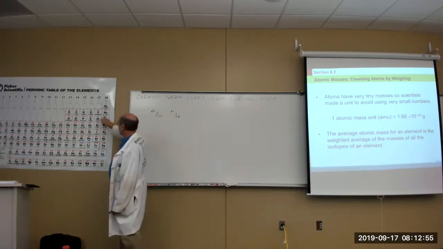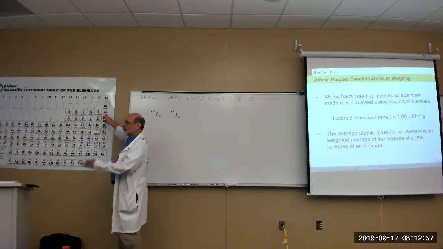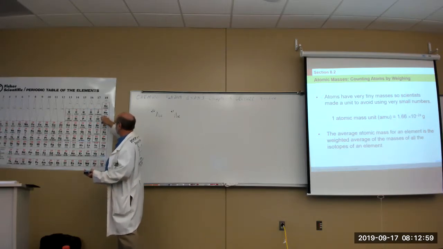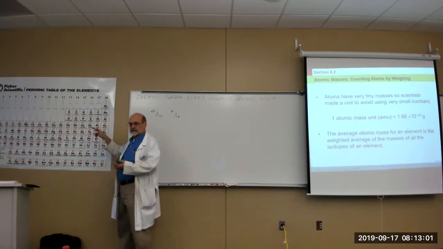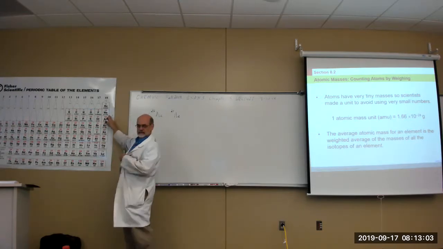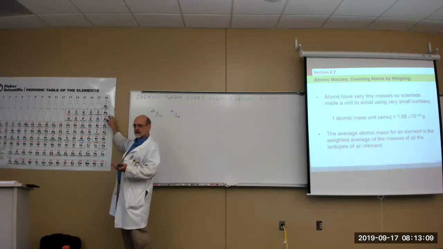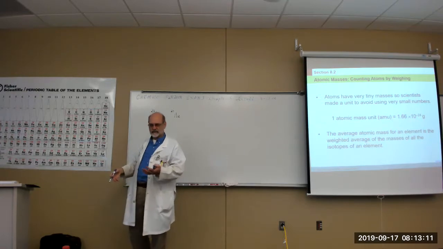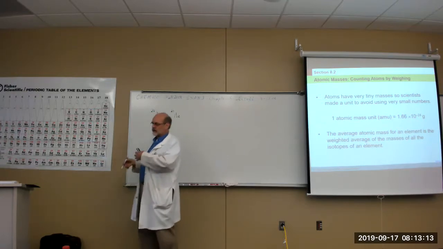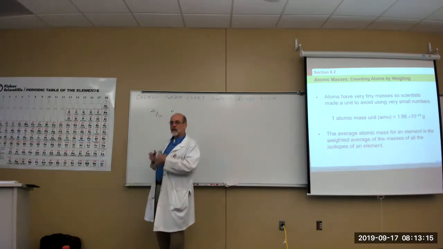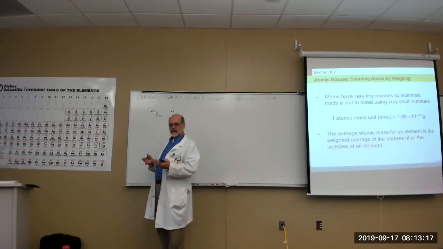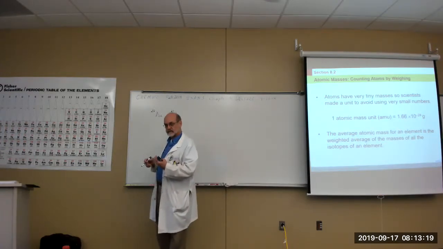That's why, I'm leading up to why this is not a whole number. This is not the mass number. This is the atomic mass, the average atomic mass for naturally occurring neon. And the way you get that fractional value is it's a weighted average of all of the isotopes.